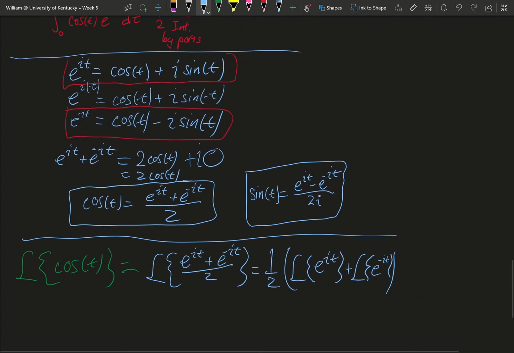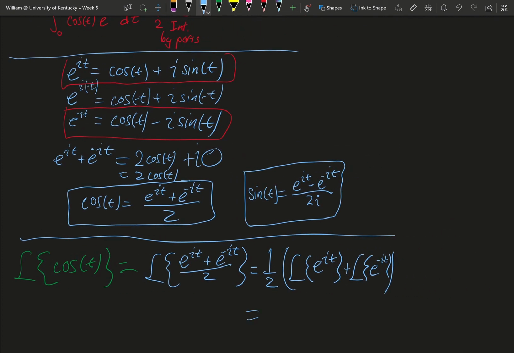Now I can use my rule for exponents, which says the Laplace transform of e to the at is 1 over s minus a. So I'm going to have 1/2 times 1 over s minus i plus 1 over s minus negative i.